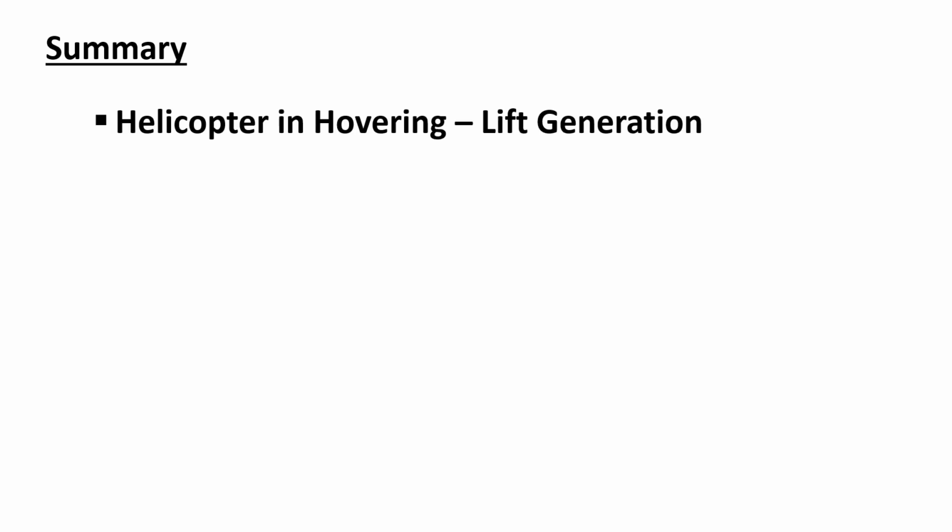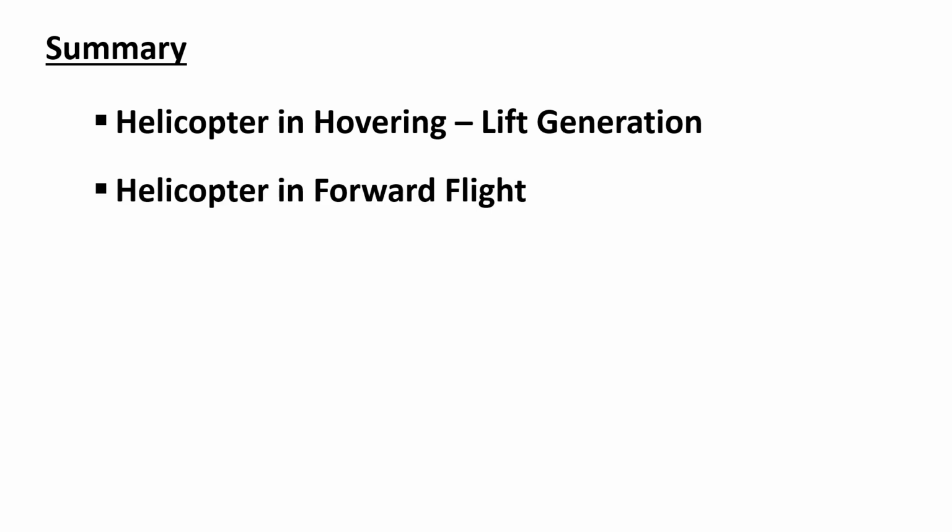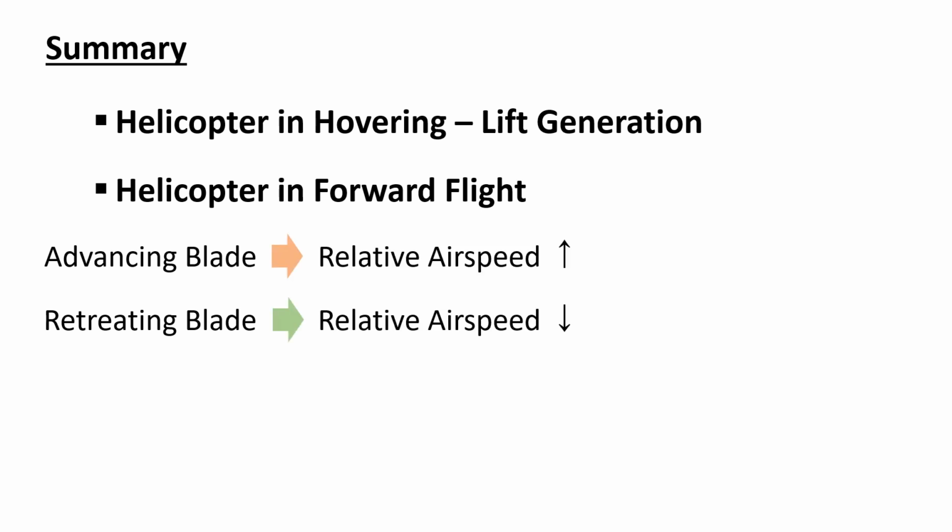Okay, so now it's time for the summary. First of all, we studied lift generation during hovering for the helicopter. Then we studied the helicopter in forward flight, and we also defined the advancing blade and the retreating blade. The advancing blade is usually subject to increased airspeed, but for the retreating blade, the relative airspeed will decrease.